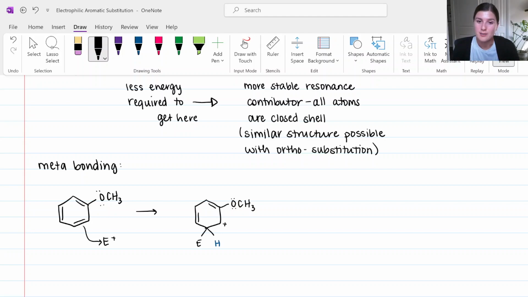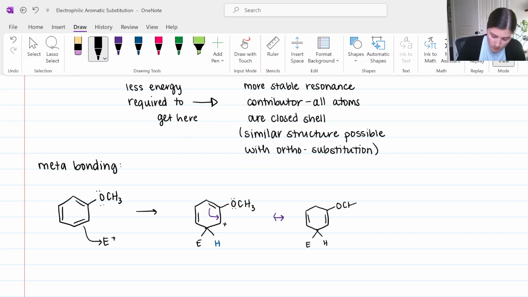Now let's think about possible resonance structures. So we could fill the shell of that carbocation by shifting over the pi bond there. Now we have a carbocation at the top here.